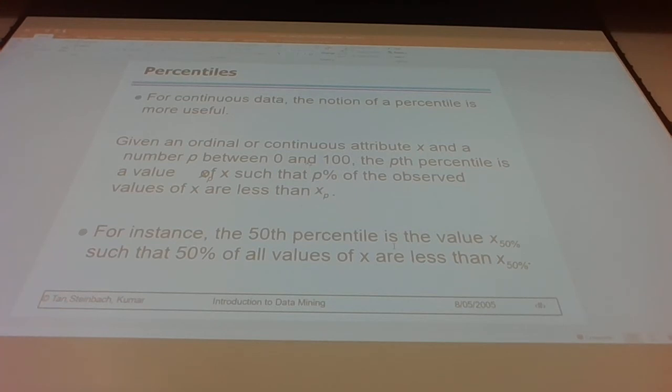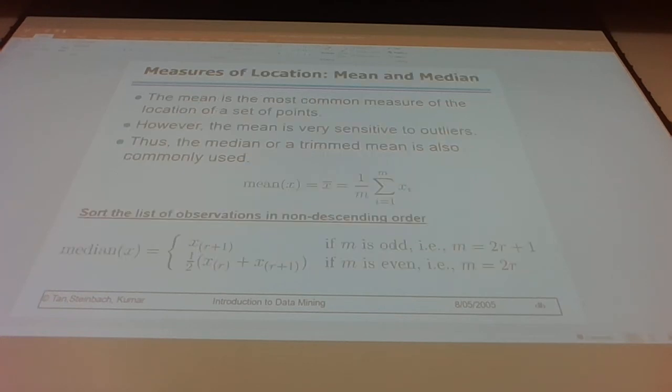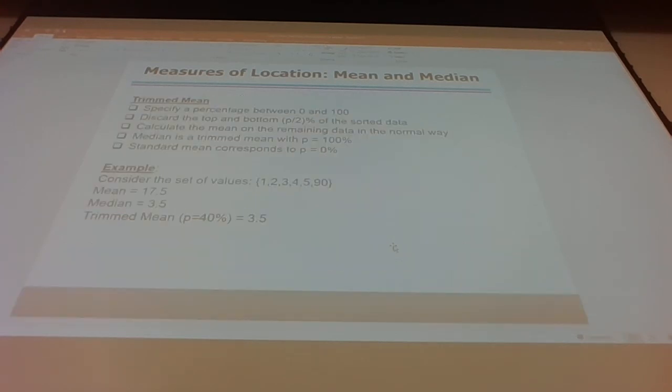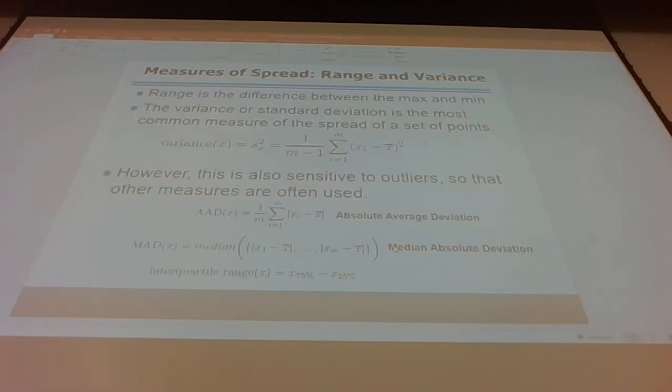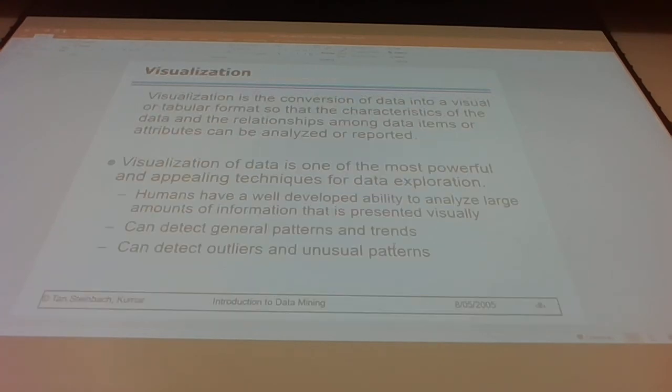It's got to do with probability density. This is how you calculate mean, median, and all that. I'm thinking that you already have this information as background, so we are not going into detail on these things. Variance also, I'm not talking about this. There are many different ways of calculating variance.